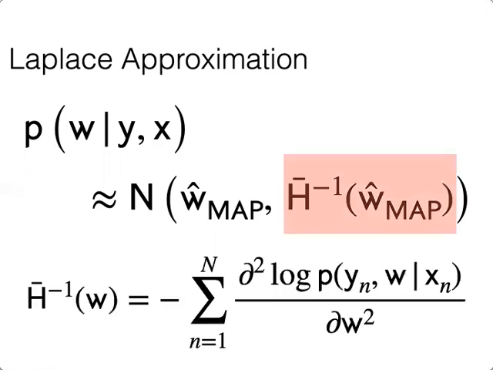In particular, this Hessian matrix is the matrix of second derivatives of the log joint. Oh, sorry, this should be just this, no inverse yet.